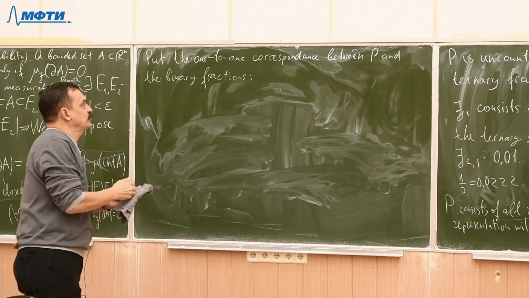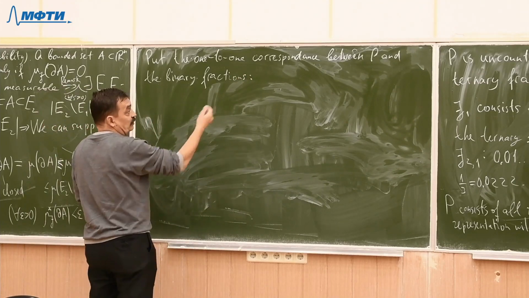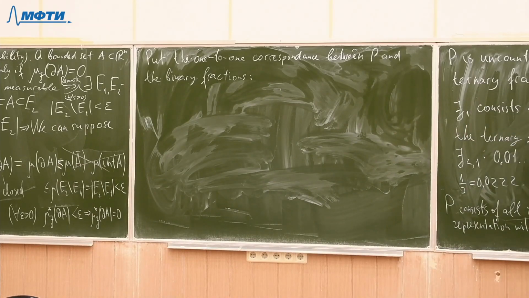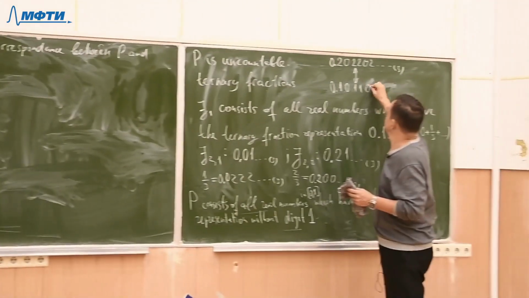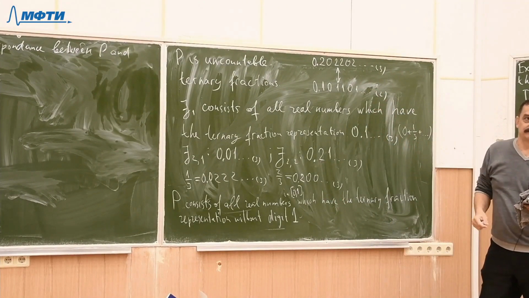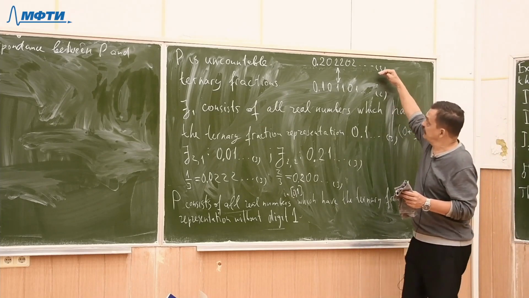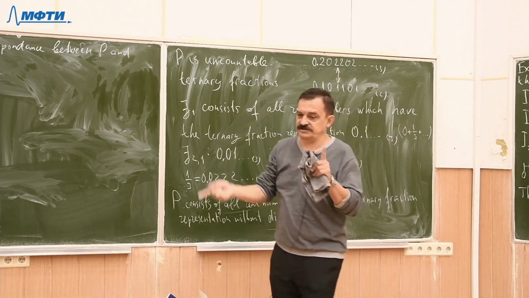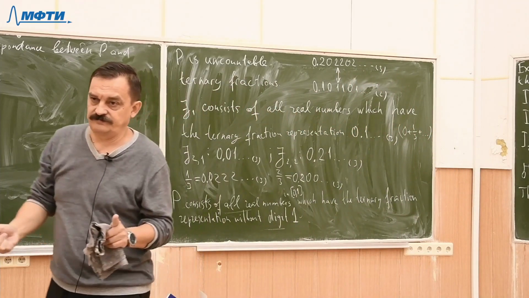This correspondence is as follows. I can give it by an example. What do we do? We replace every 2 by 1, and now it will be a binary fraction. So look, we have ternary fractions without 1, so only digits 0 and 2, nothing else.